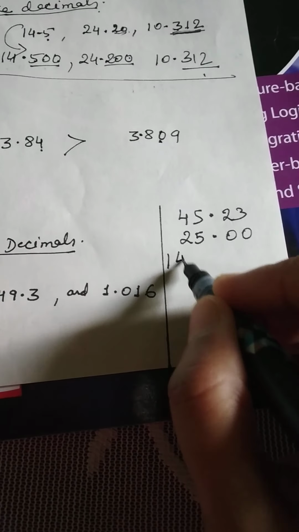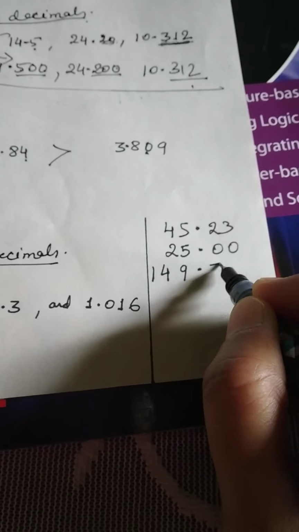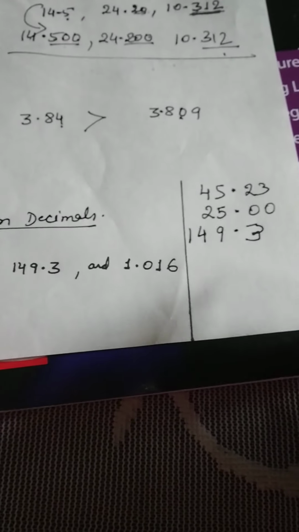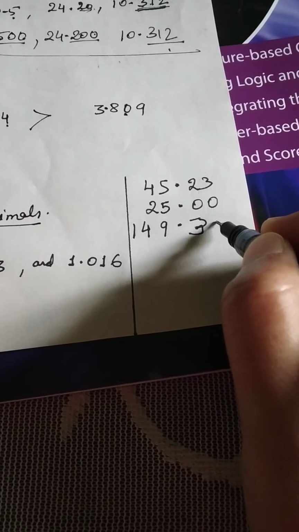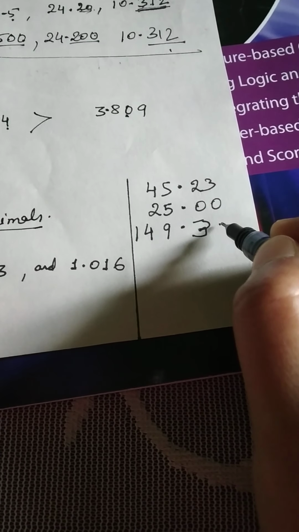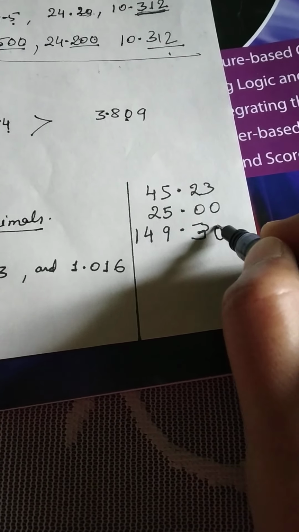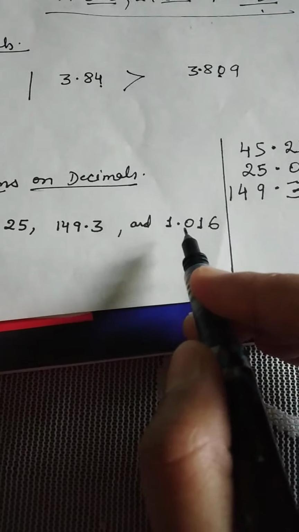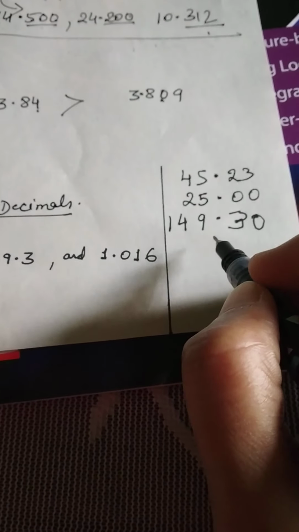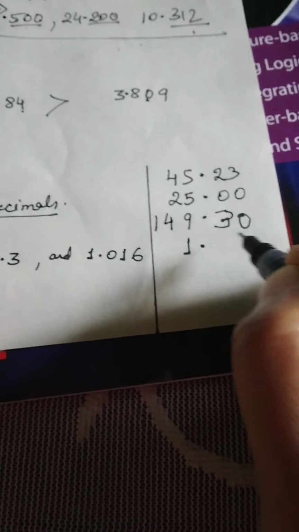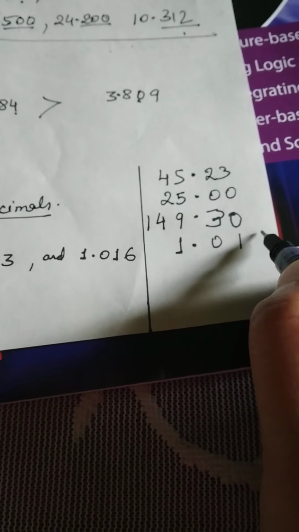Now 149.3. Here there is no second decimal digit. Convert this into like decimals. So we can put a 0 here. Now this last one, 1.016.